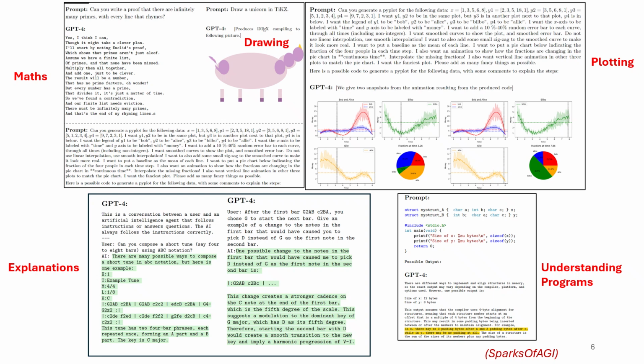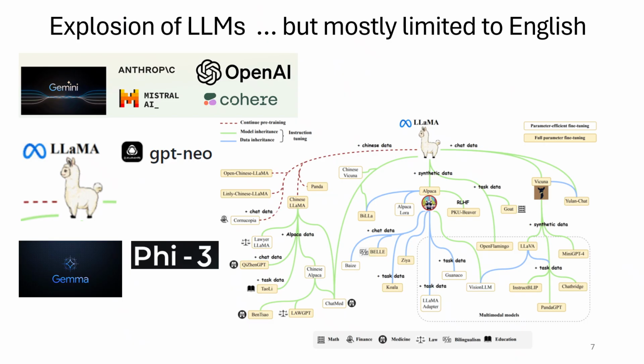that has generated all this excitement with large language models post the release of ChatGPT. And because of that, there has been an explosion in the work on LLMs. A lot of LLMs have been released, both proprietary models like OpenAI, Anthropic, Gemini, and Mistral and Cohere, which are a mix of both open source and closed source. Then there are many other open source models like Llama, Gemma, Phi 3, and those are some of the smaller language models.